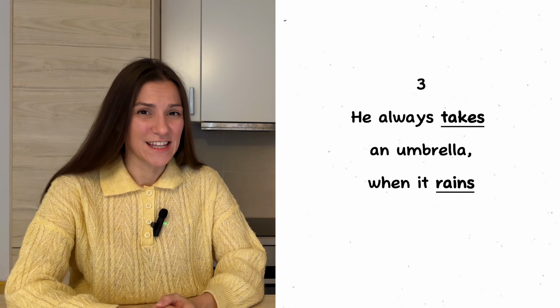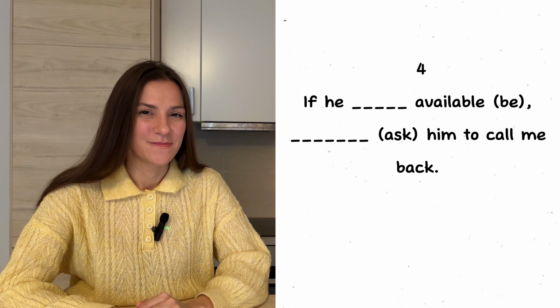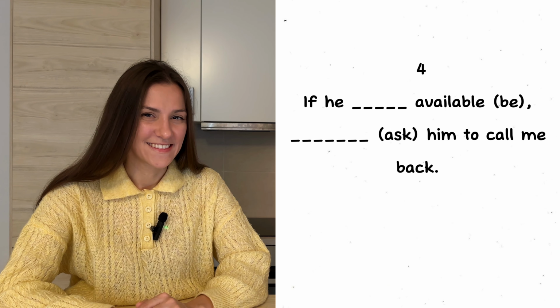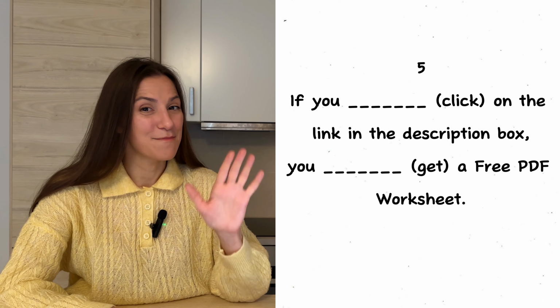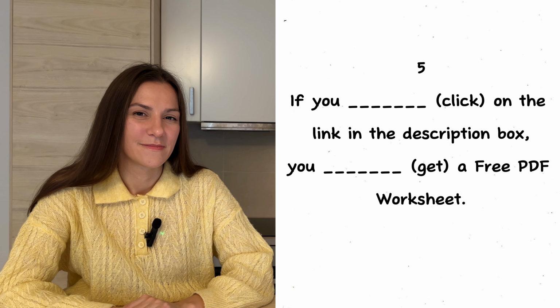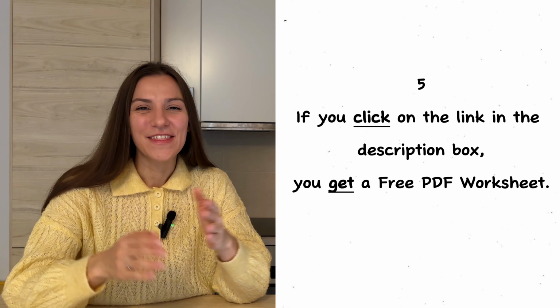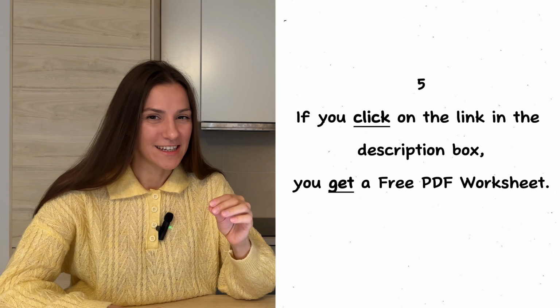He always takes an umbrella when it rains. Number 4. If he is available, ask him to call me back. And number 5. If you click on the link in the description box, you get a free PDF worksheet.